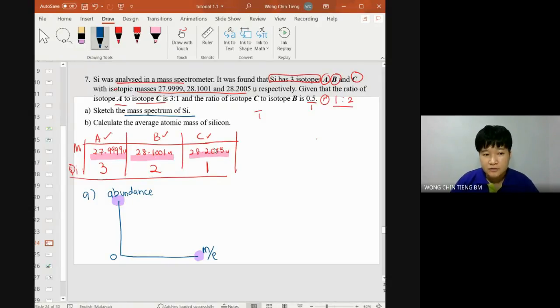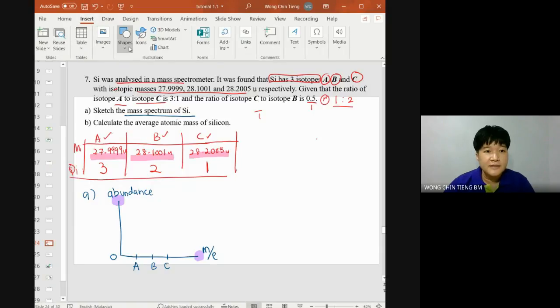Tak beza banyak. So duduk dekat-dekat je lah. So that is A, that will be my B, that will be my C. Okay? Boleh? Dan saya tak ada pembaris, so saya akan guna line. Kamu guna pembaris.